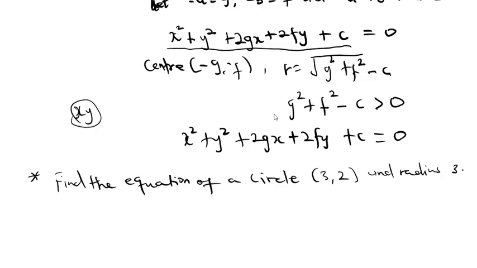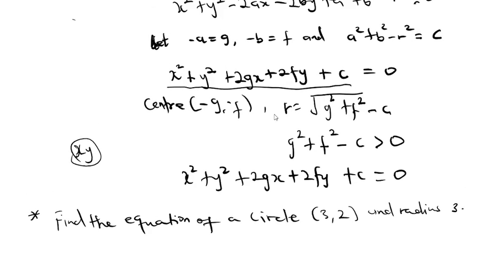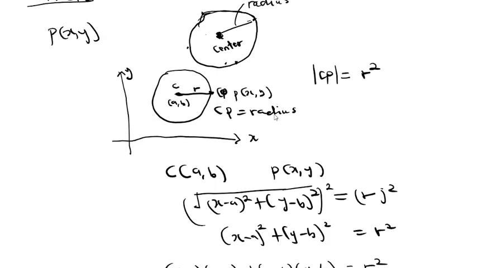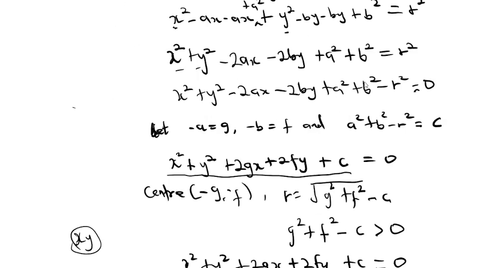Now remember, before we got to the general equation of this circle, we did something here. From the diagram, we had the center as (a, b), then the point as (x, y). In this case, we are given the radius, so this is r squared.